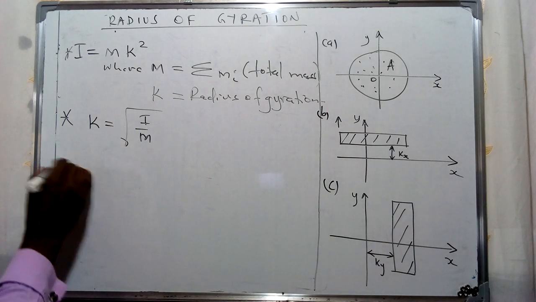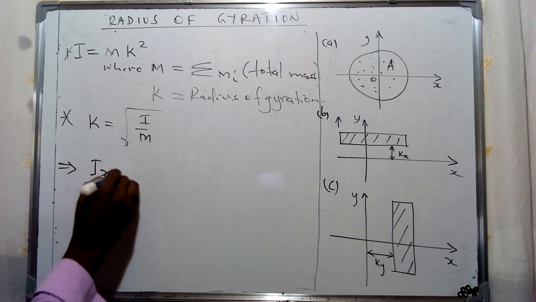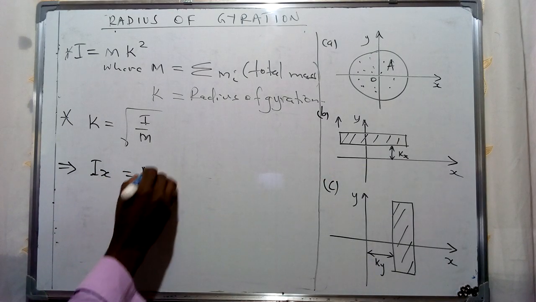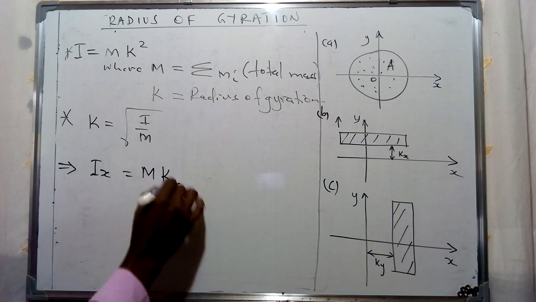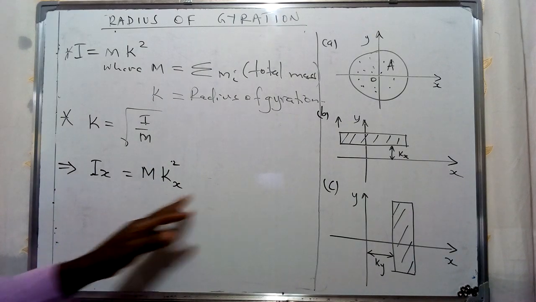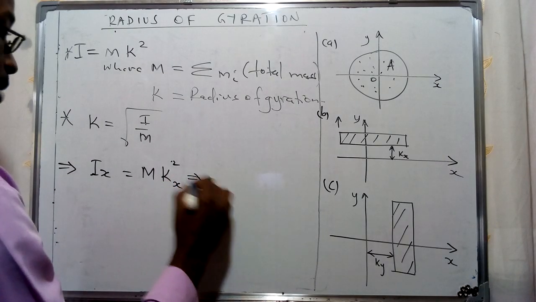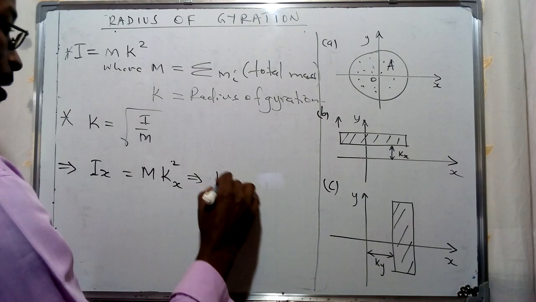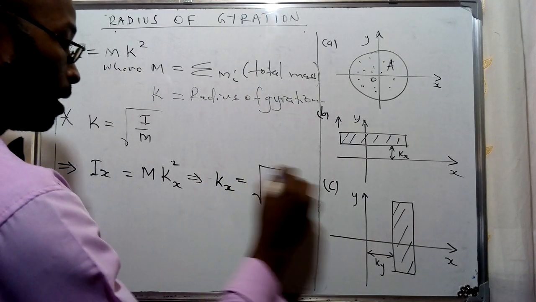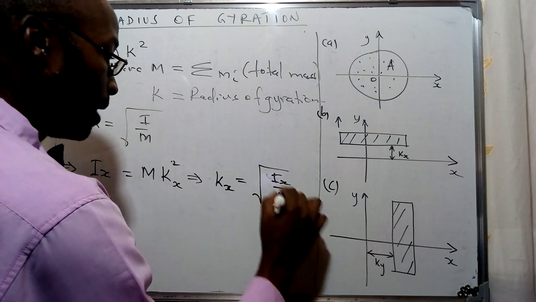Therefore, we can illustrate this moment of inertia with respect to x as the product of m and kx squared, where kx is the radius of gyration about the x-axis. This implies that the radius of gyration with respect to the x-axis is given as the moment of inertia about the x-axis divided by the mass.